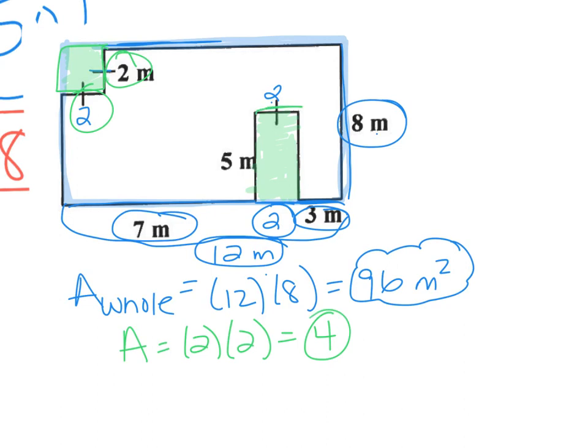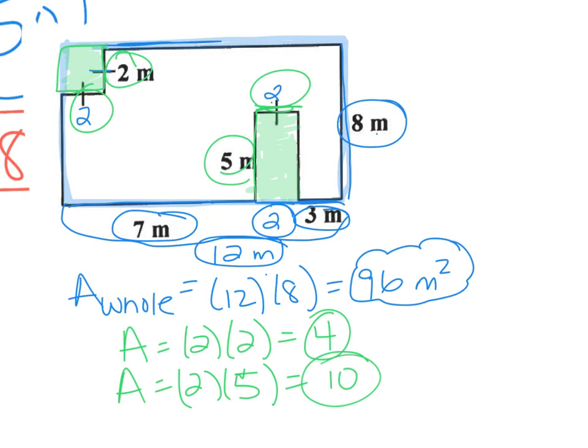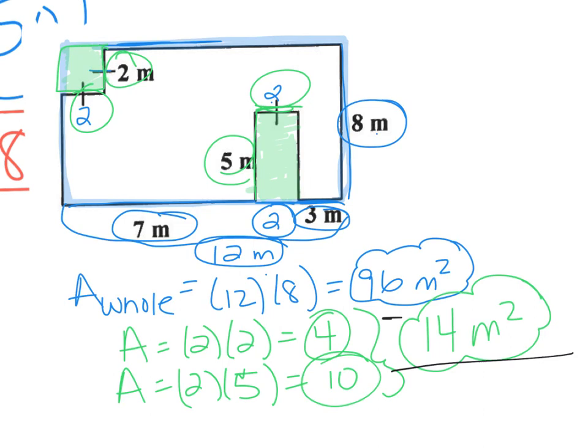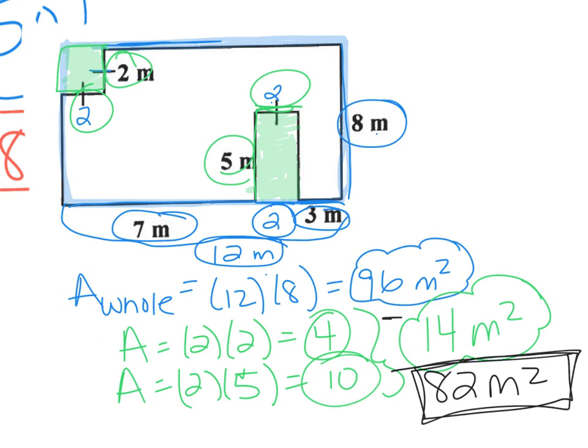This down here is the area of a rectangle, 2 times 5, which is 10. So now my green area is 14 meters squared, and my entire blue area is 96. Then you subtract, and 96 minus 14 is 82 meters squared for the entire space that's covered, even though it's a unique picture.